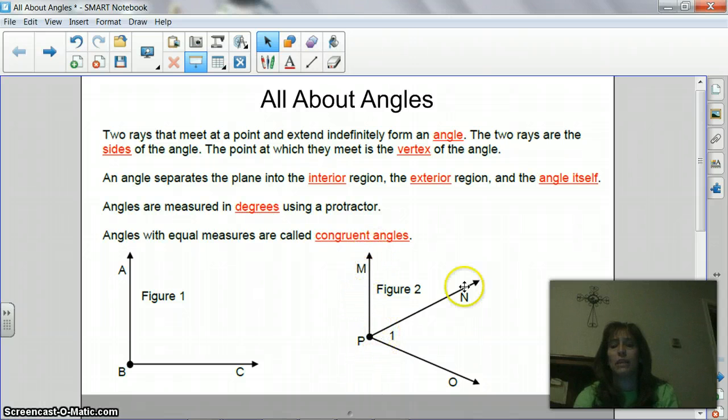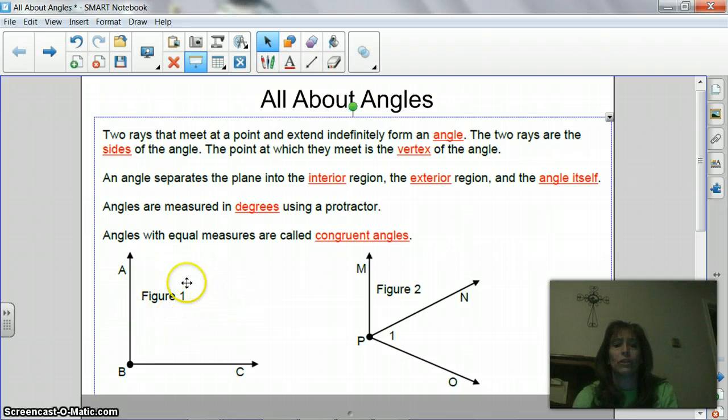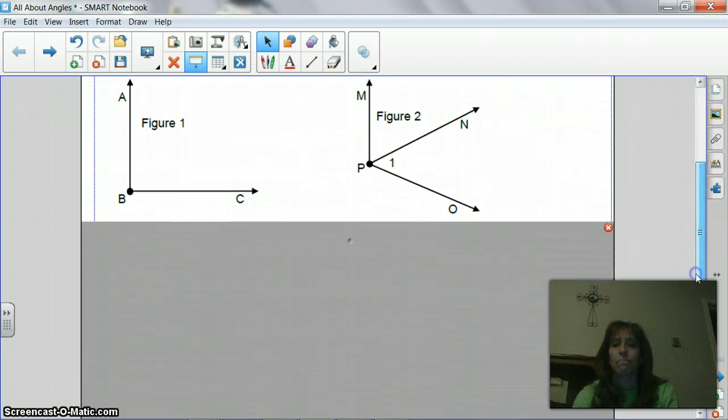It's MPN and angle 1 also. So I actually have my interior here. The outside of the angle is called the exterior region, and right where my lines are is the angle itself. Okay? Alright, so let's go on.